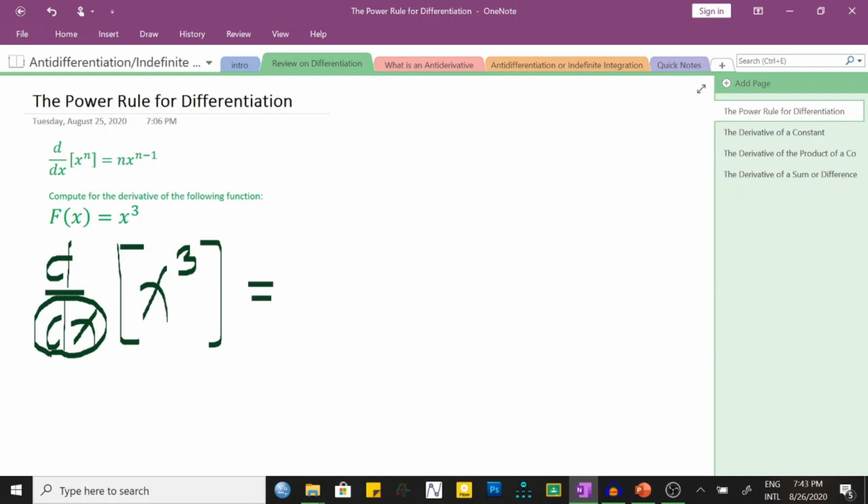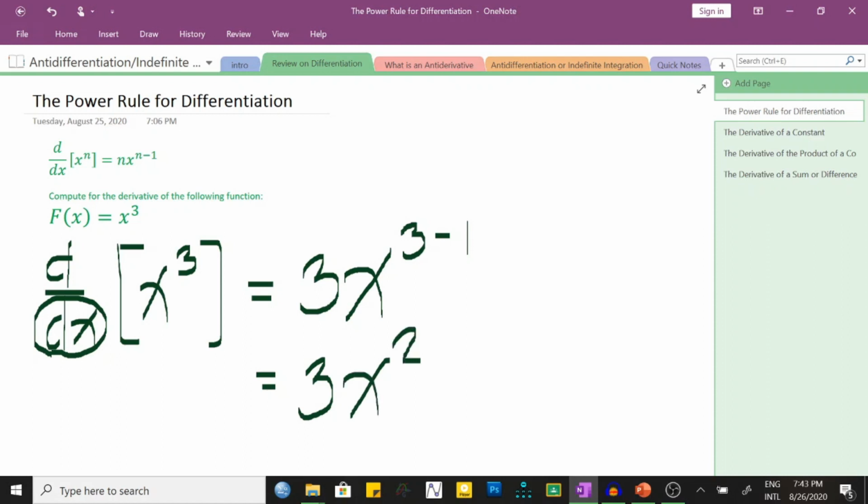According to the power rule, we bring down n, which is in this case 3, x, we follow the variable, and then subtract 1 from the exponent. So that is just 3 minus 1. So actually, we are done. The derivative of x cubed is 3x squared. So this is the derivative. This is the desired derivative.